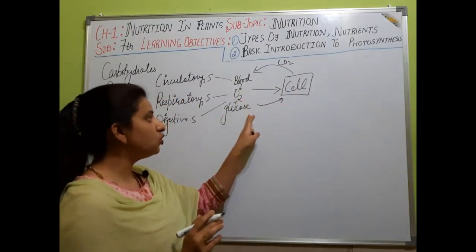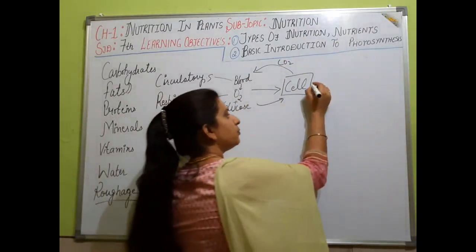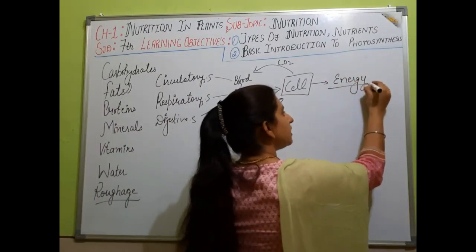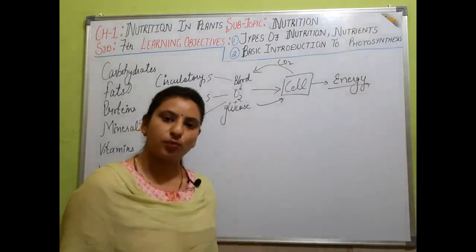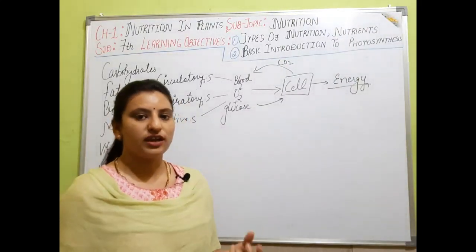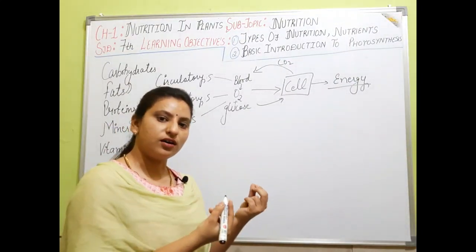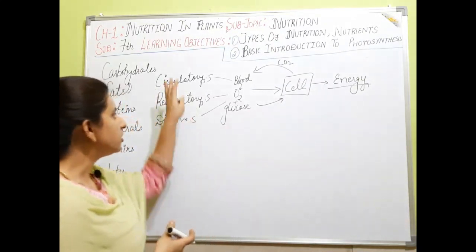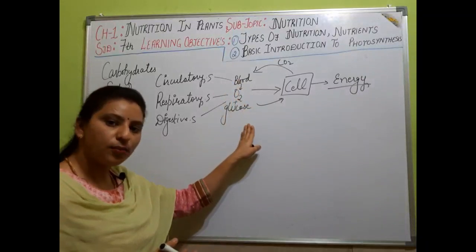When oxygen and glucose are absorbed, the cell will produce energy, and this energy is required for the proper growth of the body. So I hope you get to know what nutrition is and how it works. Simply, three systems providing three different components.